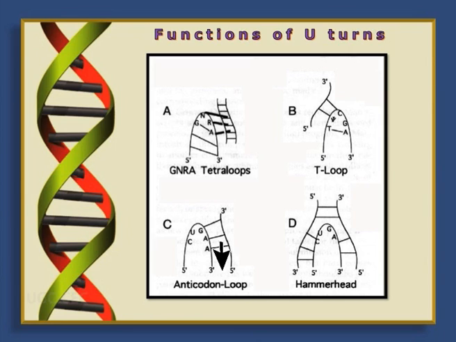Similarly, the nucleotides present on the 3' side of the anticodon base pair with the bases present in the mRNA. As a result, both of these structures are stabilizing the interaction. Here we can see how the U-turn is important in performing the physiological function of tRNA. A similar kind of structure is also found in hammerhead ribozyme.